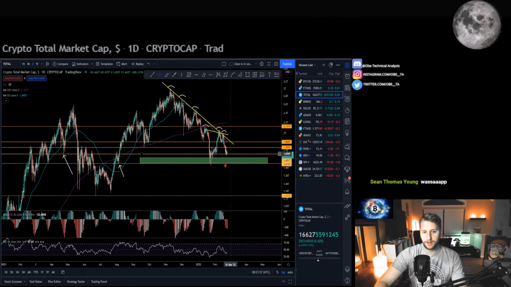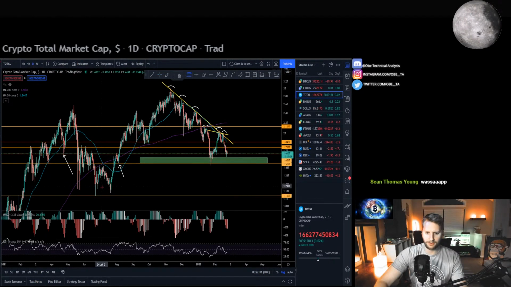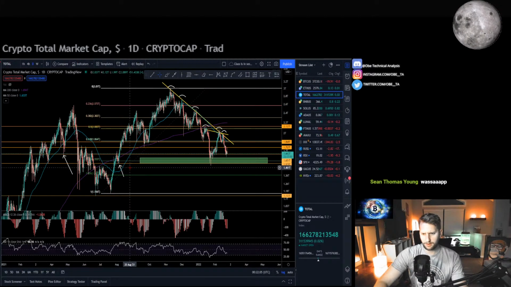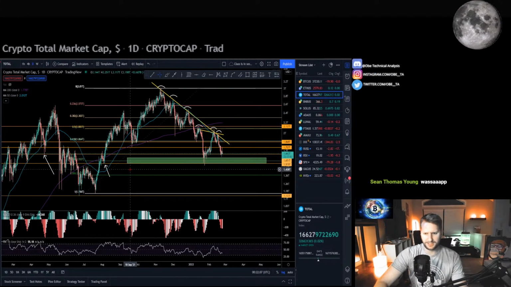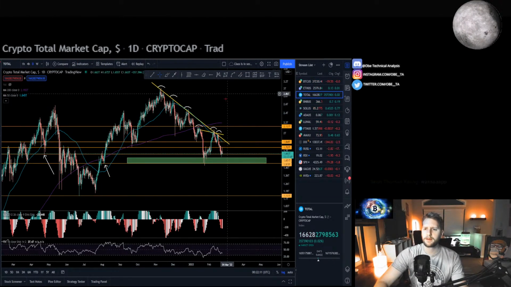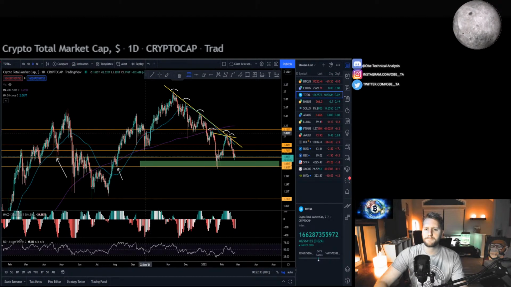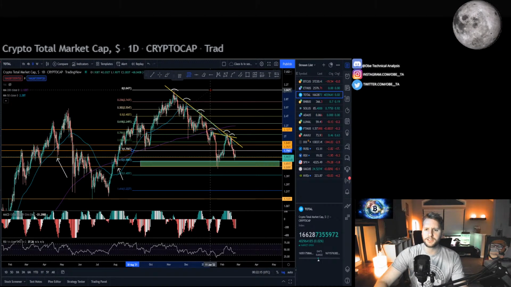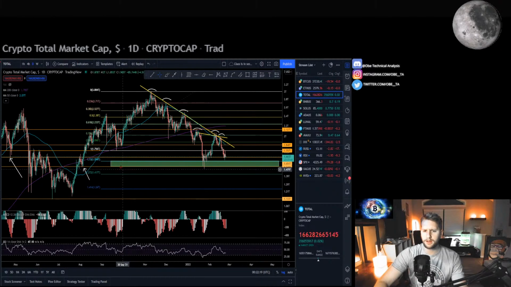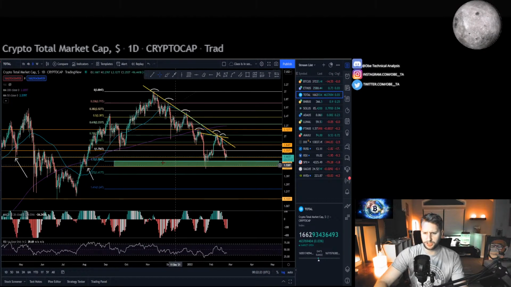All right, so you break down below this 1.6. I know this July low, the 786 down there. The 113 fib extension, that's what this green box is.